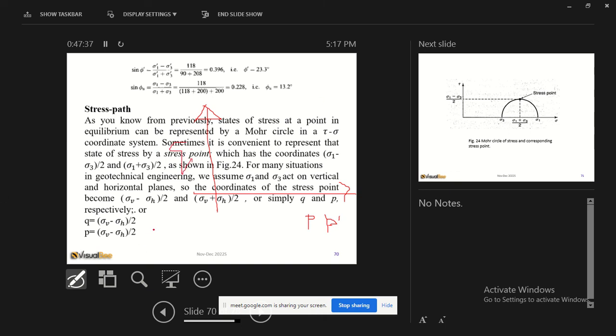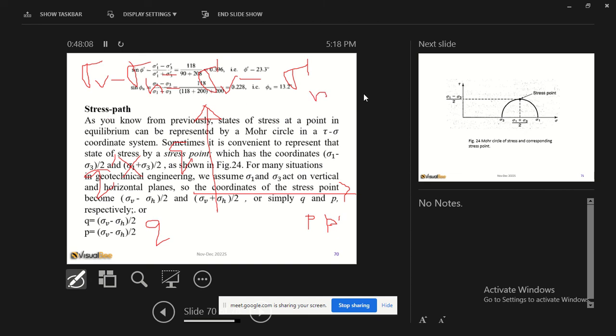Now, this difference doesn't matter. We have Q. There is no Q prime, because the difference, sigma V minus sigma H, is the same whether total or effective, since the pore water pressure is the same always.